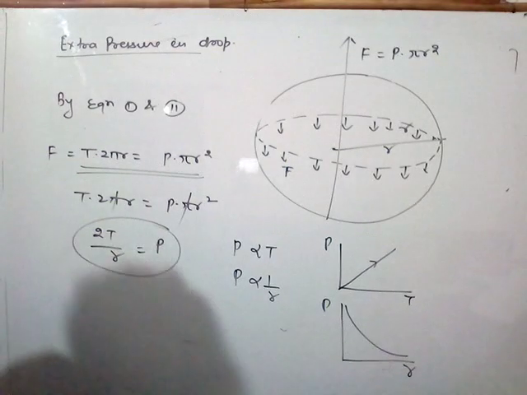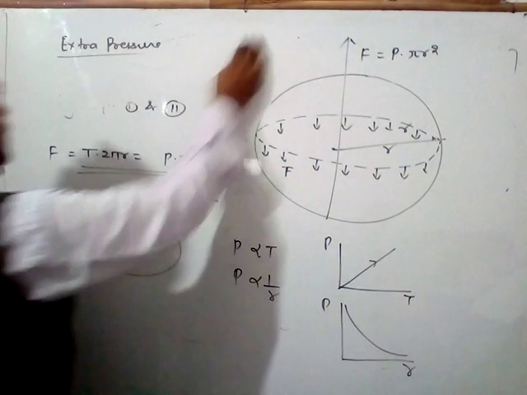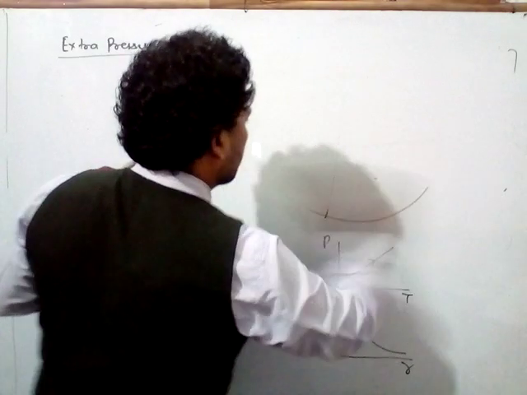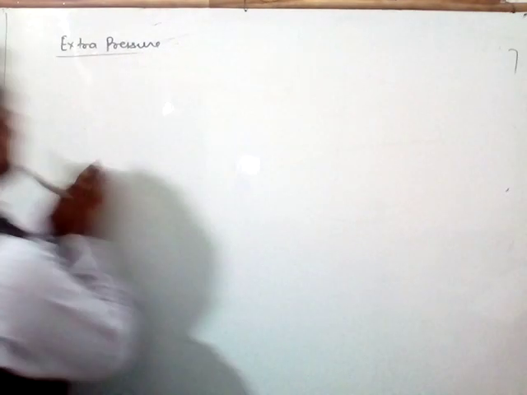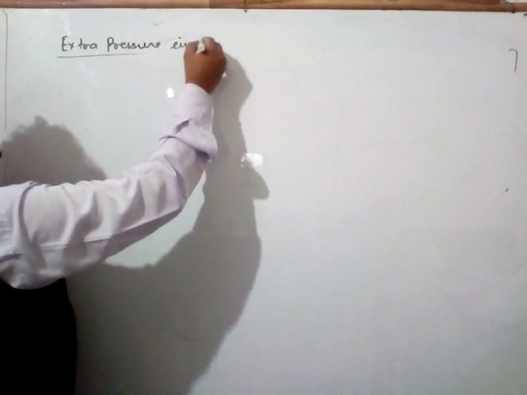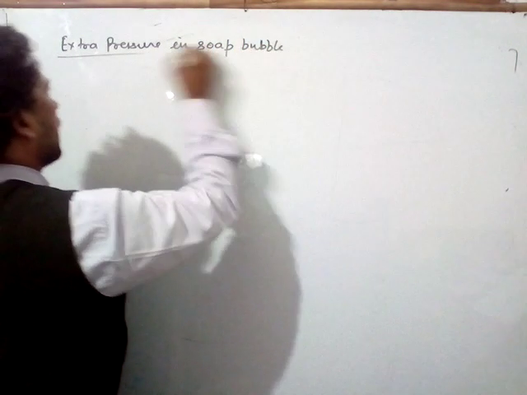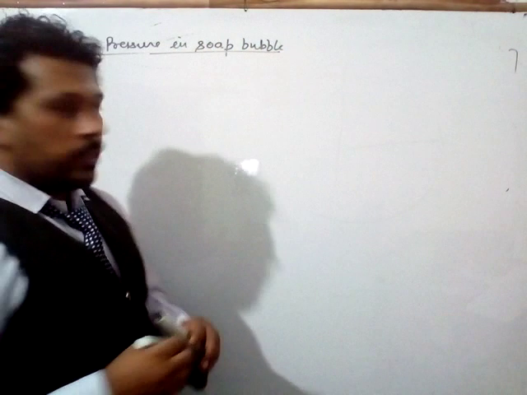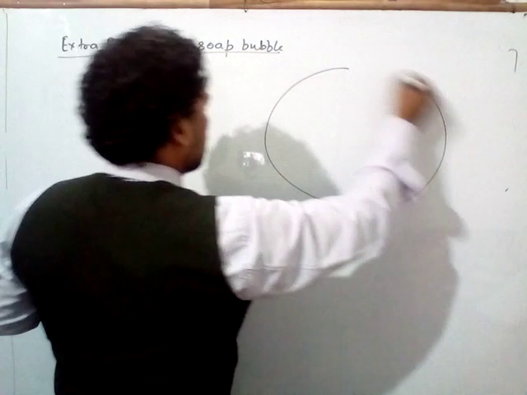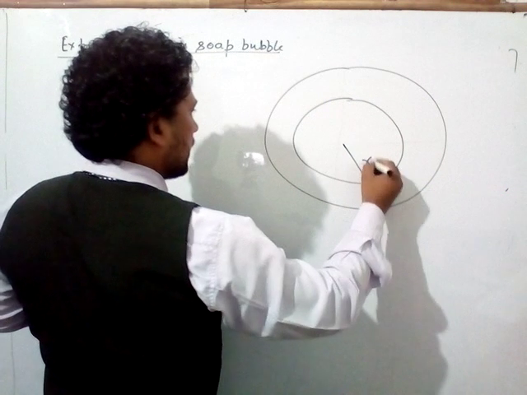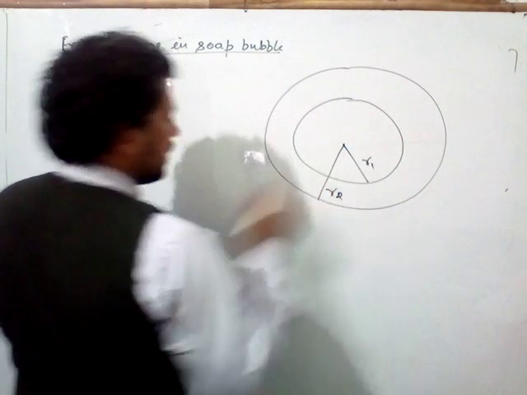Now, extra pressure in the soap bubble. You know that a soap bubble contains two surfaces. So let me consider the radius of the inner surface to be r1 and the outer surface to be r2.